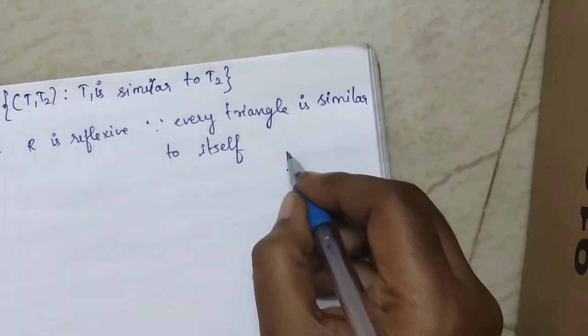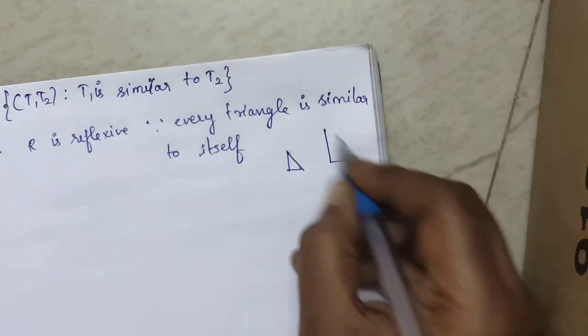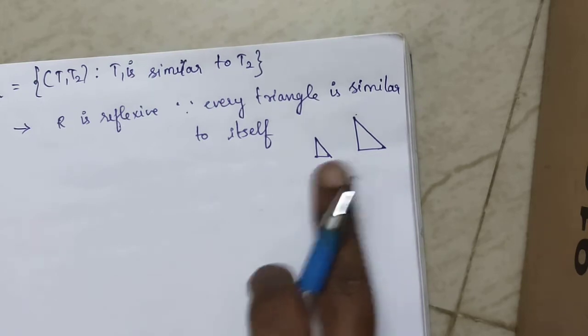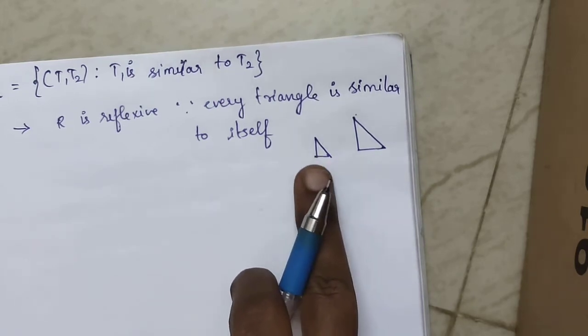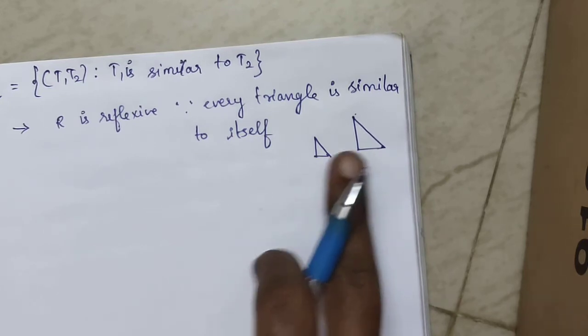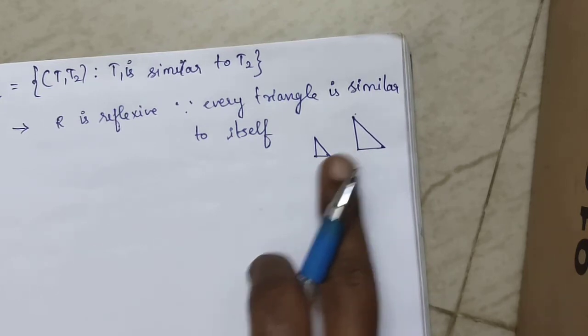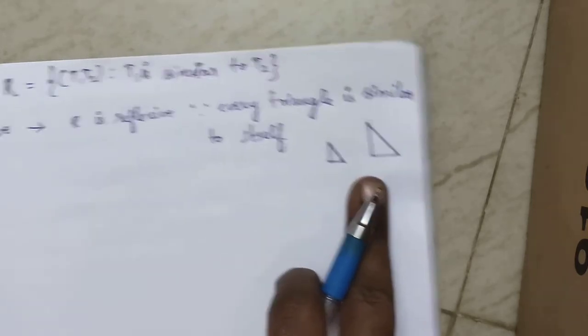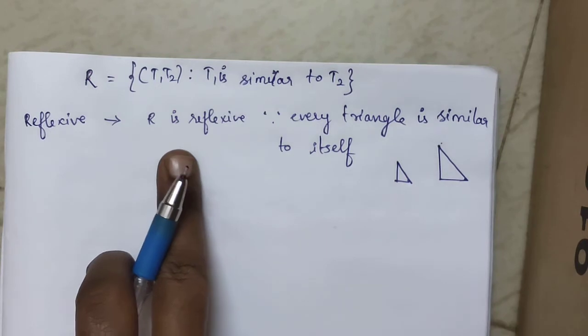See here, this is one triangle, this is another triangle. Size wise, these two are not the same, but shape wise, this is a triangle and this is also a triangle. These two triangles are similar. When a triangle is similar to itself, directly we can say that it is a reflexive relation.